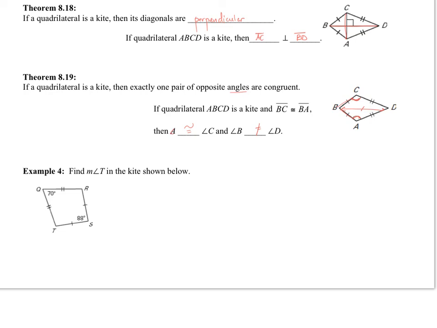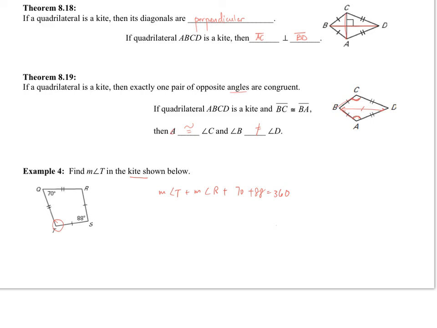Example 4 here, we want to find the measure of angle T, and we have a kite as indicated. This is a quadrilateral, so we can use measure of angle T plus measure of angle R plus 70 plus 88 and set it equal to 360 degrees because it's a quadrilateral.